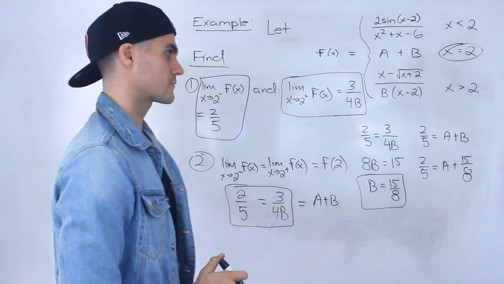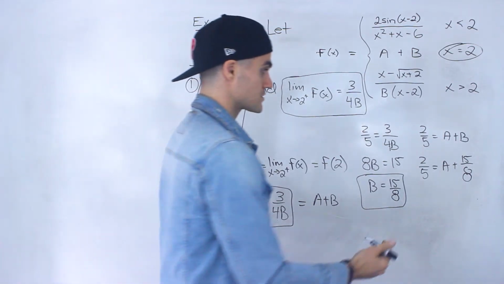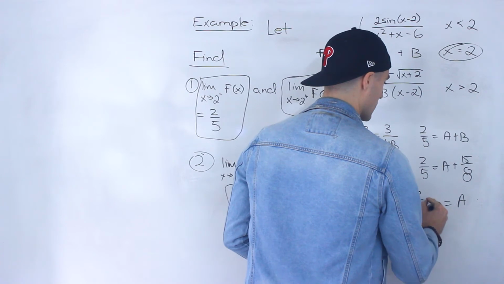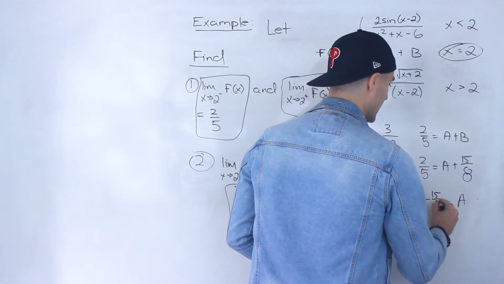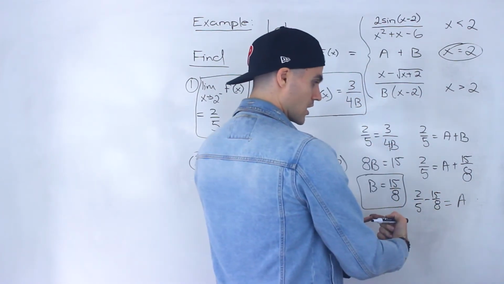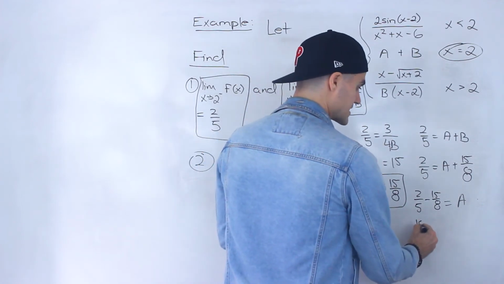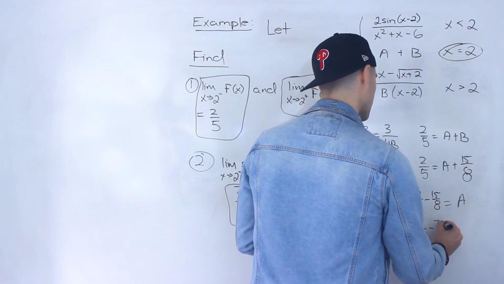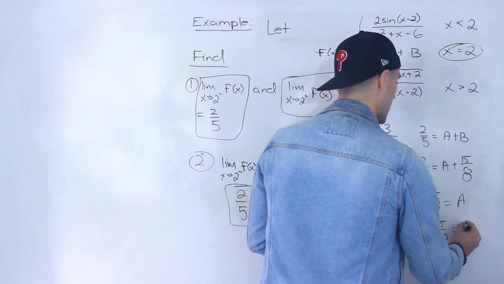Like that. And now we could solve for that a value. So the a value is basically going to be 2 over 5 minus 15 over 8. We've got to get a common denominator, which is going to be 40. So we would have 16 over 40 minus 75 over 40. That's going to be a.